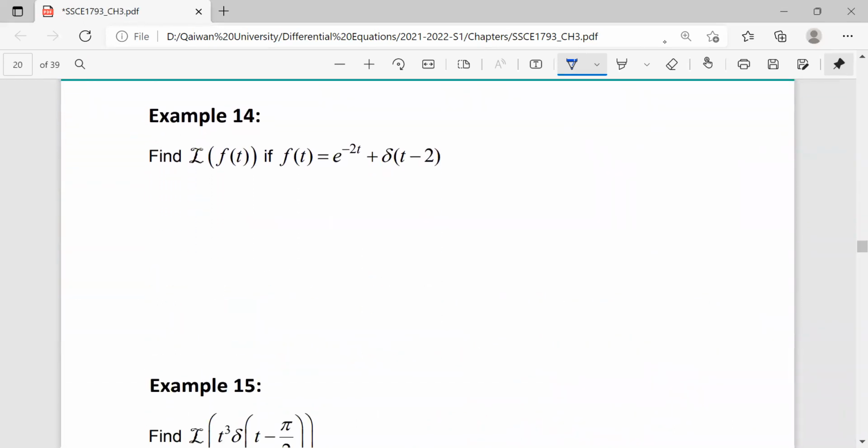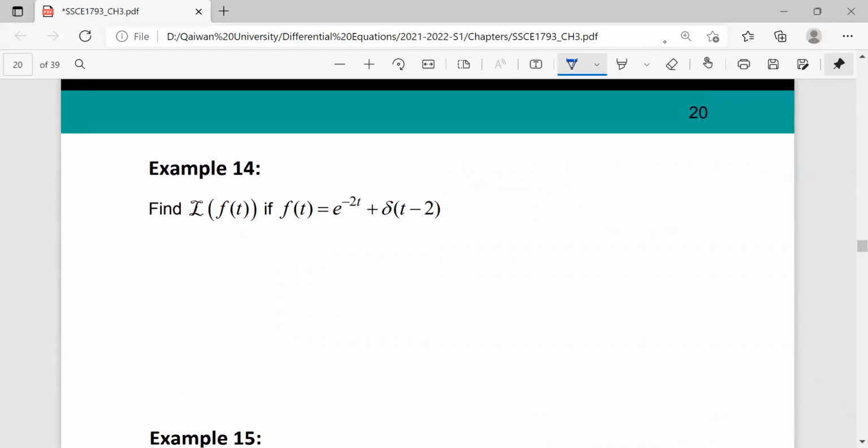We now have some examples about the above rules. Find the Laplace transform of f of t, if f of t is e to the power minus 2t plus the Dirac delta function of t minus 2.